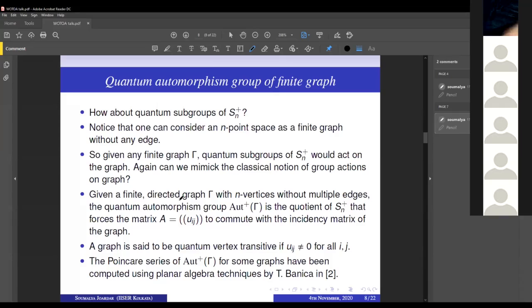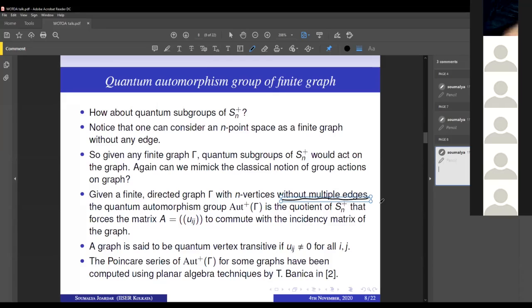So what would be the generalization? Given a finite directed graph gamma with n vertices, say, without multiple edges, this is a technical condition. We need that to talk about the quantum automorphism group of a finite graph, because the reason is again classical. If it has multiple edges, we don't know what to do with those multiple edges.